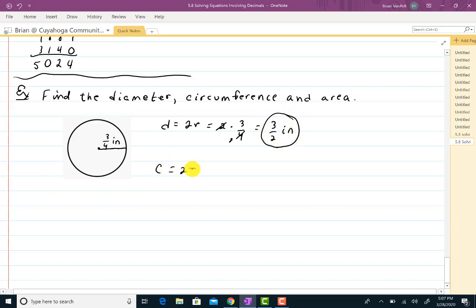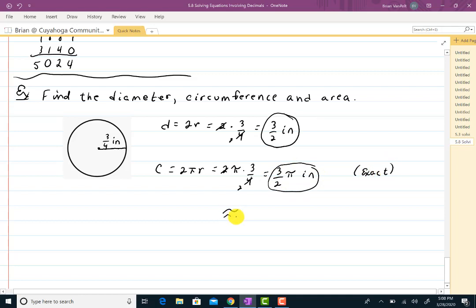Circumference equals 2 pi r, which is 2 pi times 3/4. Same exact thing as before. We end up with 3/2 pi. And since circumference, I'll put in inches. Now, whenever your answer is like that, that's exact.